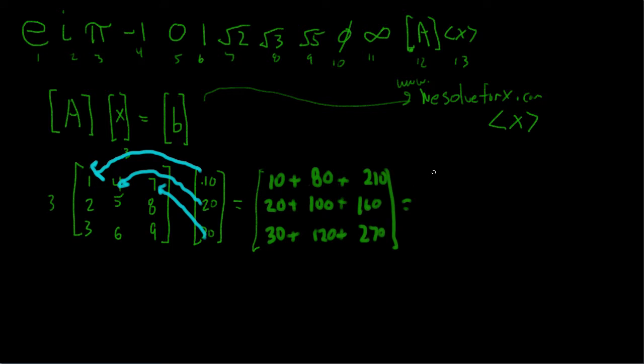This being 300, and this being 180, 280, and this one's going to be a little tough, 150 plus 270 would be 370 plus 50 is 420.